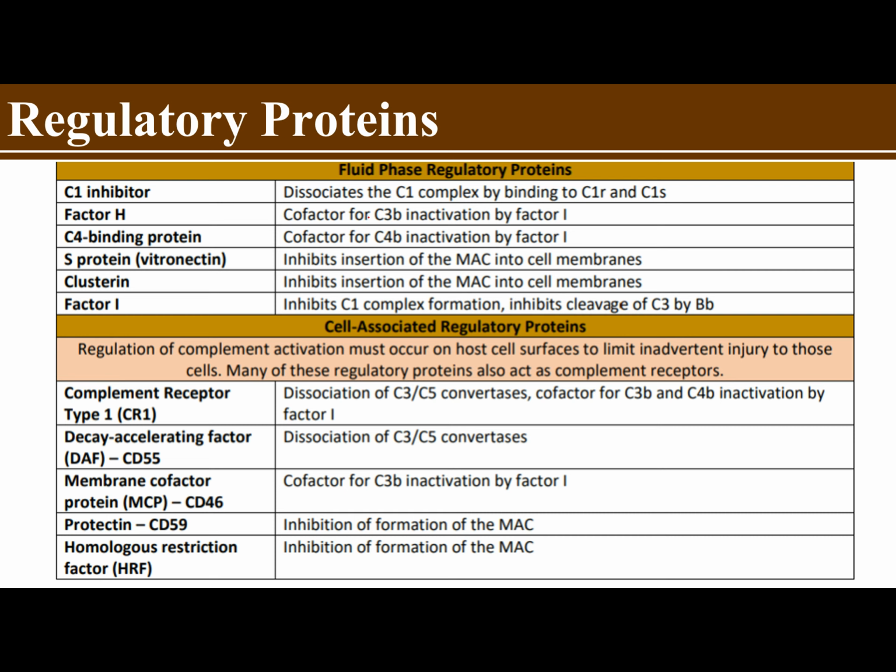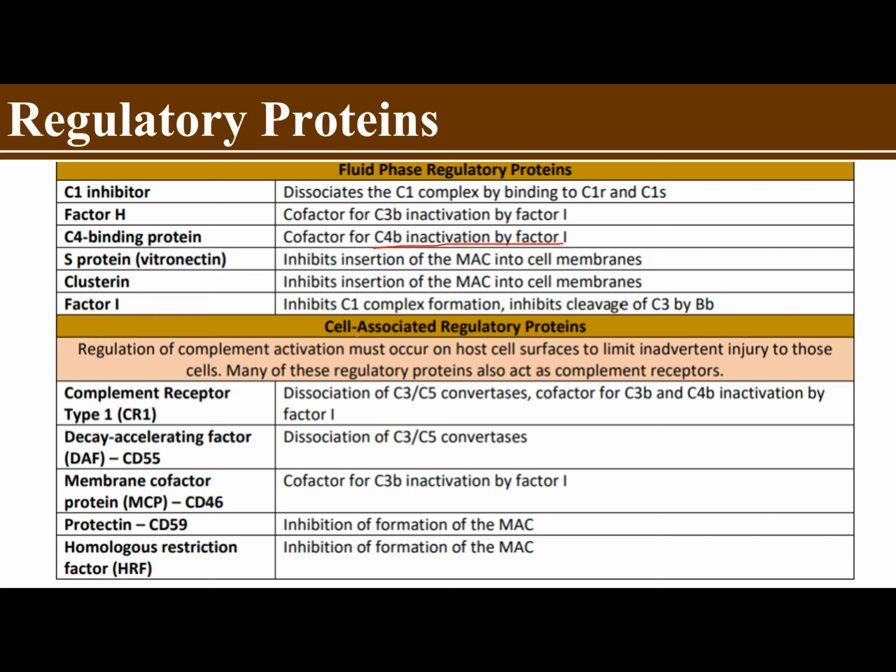Factor H is a cofactor for C3b inactivation by factor I. C4 binding protein is a cofactor for C4b inactivation by factor I. S protein, or vitronectin, inhibits insertion of the MAC into the cell membrane. Clusterin also inhibits insertion of the MAC into the cell membrane. And then factor I inhibits C1 complex formation and inhibits cleavage of C3 by Bb.